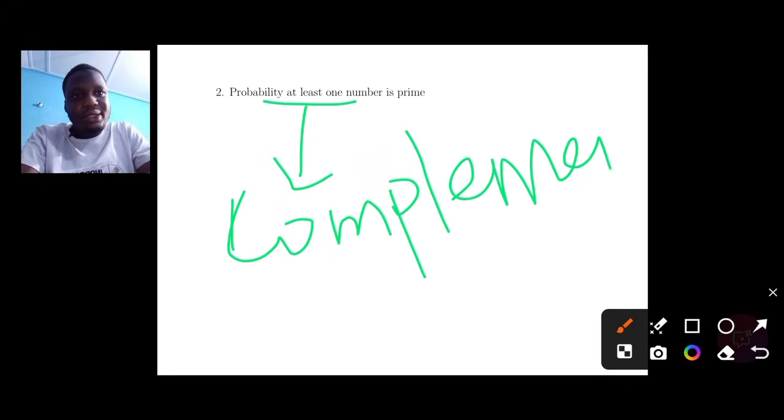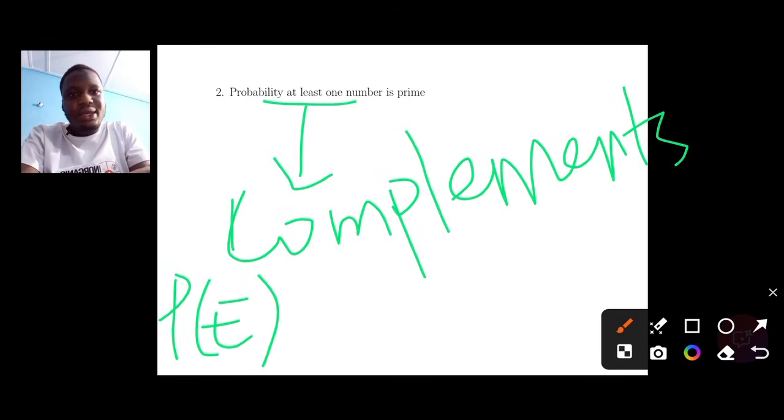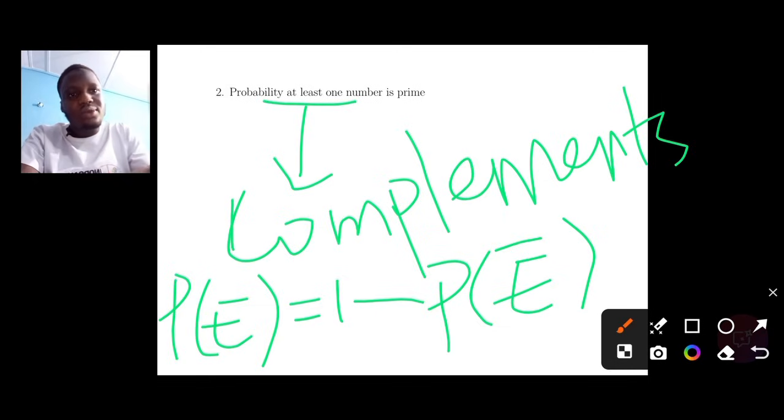We saw complements in our previous lecture, where the probability of E equals 1 minus the probability of not E. You put a bar or a C. That's what we mean by complements. And at least one is a very, very big fan of complements.